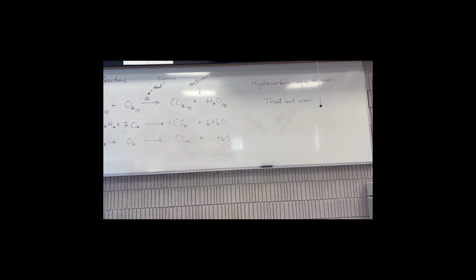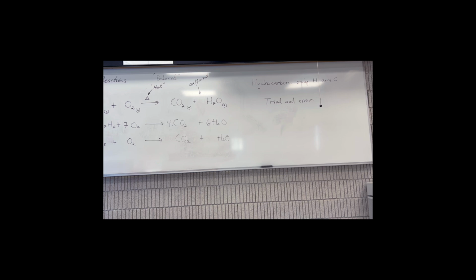And alkanes have the general formula like this. CN, where N can be any number, 1, 2, 3, 4, 5. H, 2N plus 2, not only N. So if N is 3, H is 2 times 3, 6 plus 2, 8. If N is 4, H is 2 times 4, 8 plus 2, 10.